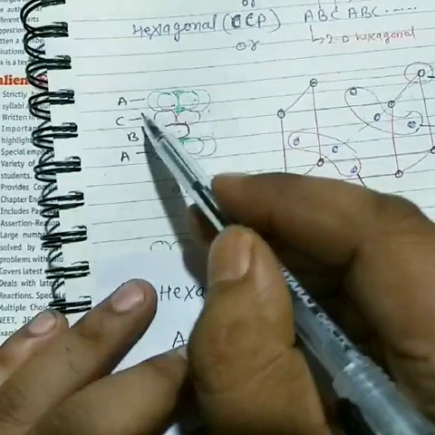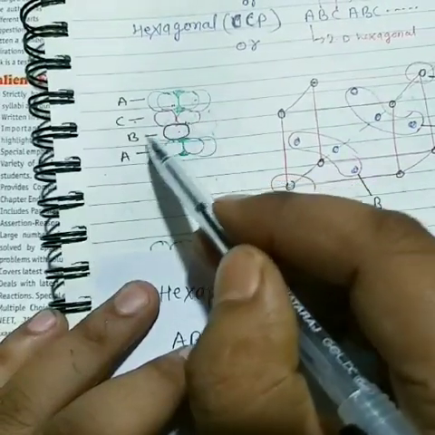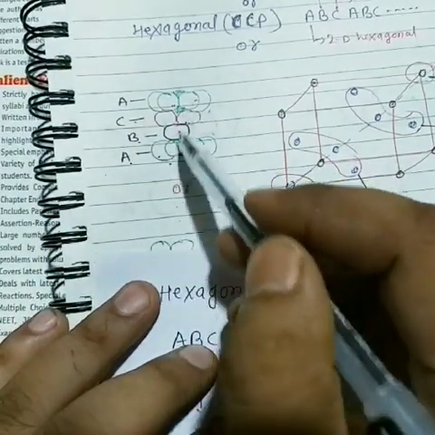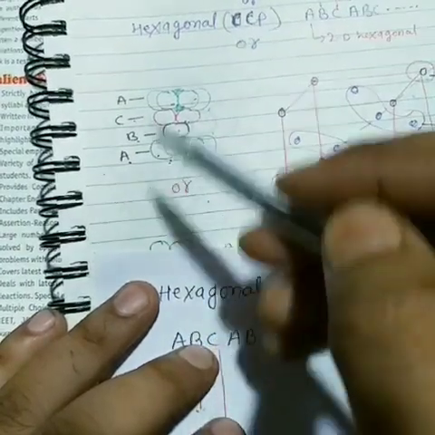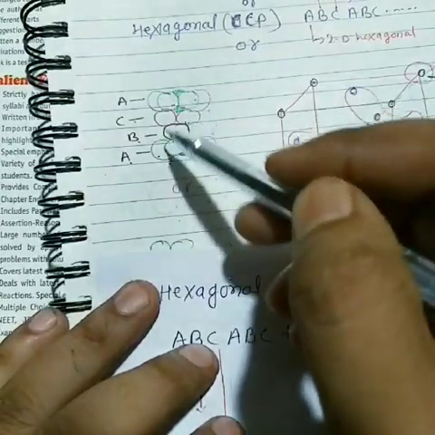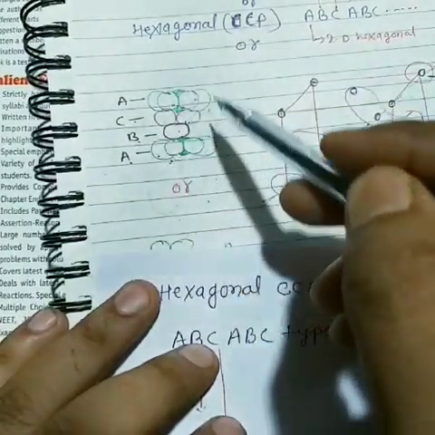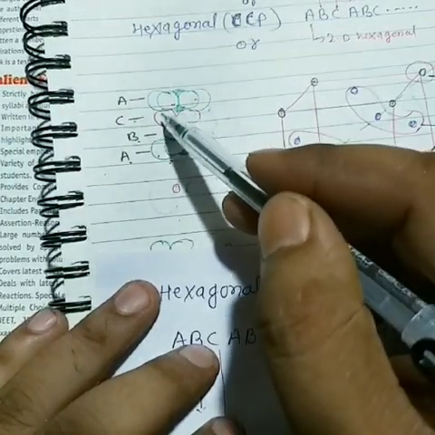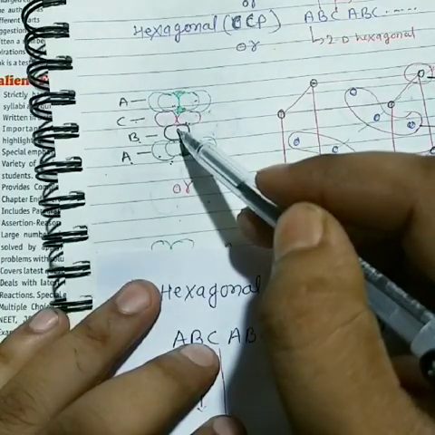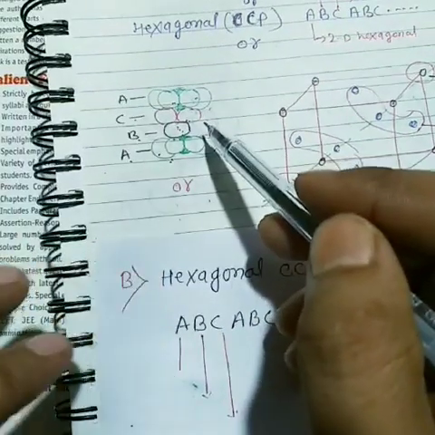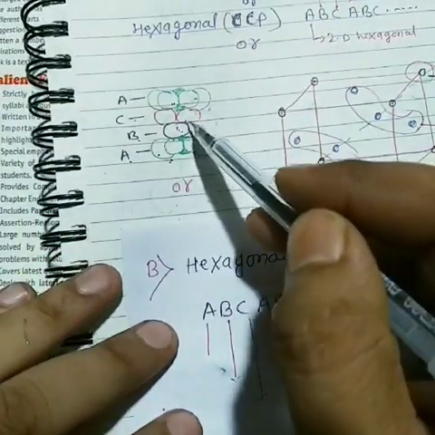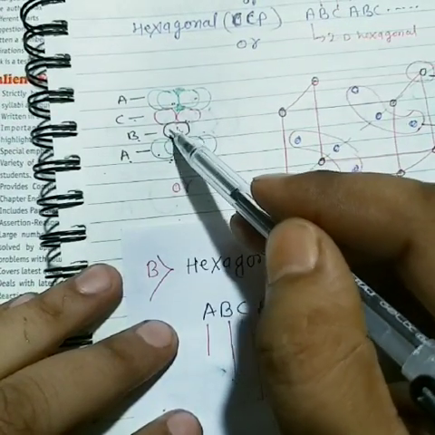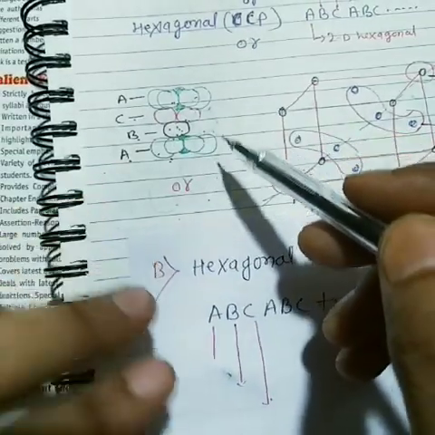First layer A, second layer two atoms, third layer one atom, and the fourth layer is similarly repeated. After this repetition, this group repetition, they change this type of apex. Previously, in HCP, they have the same type of apex, but here the apex is just opposite.